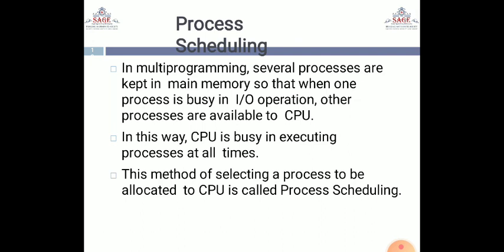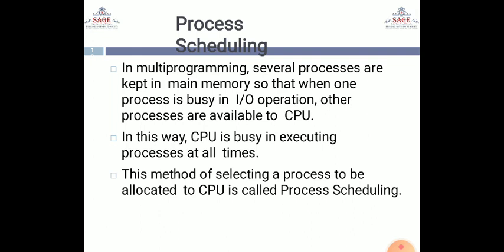So another thing is, what is process scheduling? In previous slides you saw CPU scheduling and disk scheduling. Similarly, process scheduling is also done here. In multi-programming, several processes are kept in main memory so that while one process is busy in input-output operations, other processes are available to the CPU.